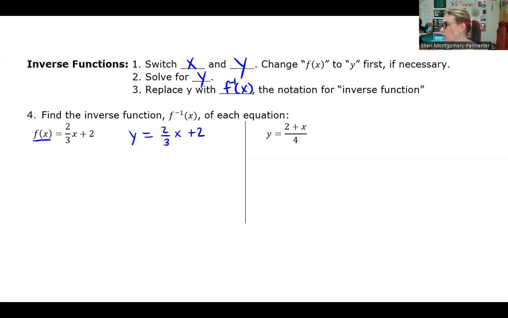Like that. So I just changed the f of x to a y. For the second problem we're going to do, it's already y, so we don't need to do that step. So to start for inverse function, you have to switch x and y. I'm going to rewrite the problem, but I'm going to switch their place. So x goes over here.